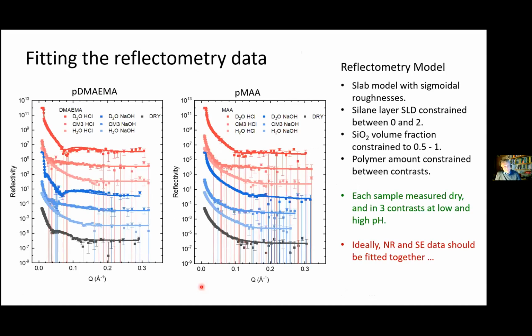So we've done fitting of the reflectometry data. We measured the cationic and anionic polymers in different contrasts, D2O, CM3, H2O, and also under dry conditions. So each sample was measured in 3 contrasts at low and high pH. The reflectometry model is fairly standard for this type of system. Now here, ideally, we would like to fit the neutron and ellipsometry parts together.